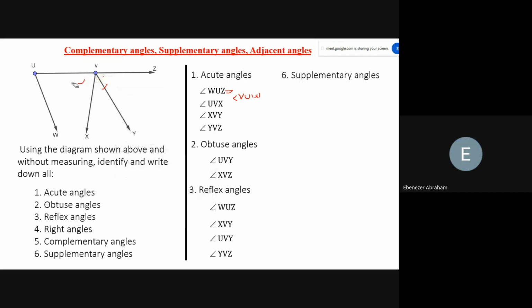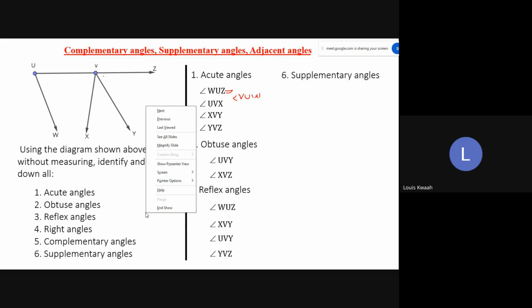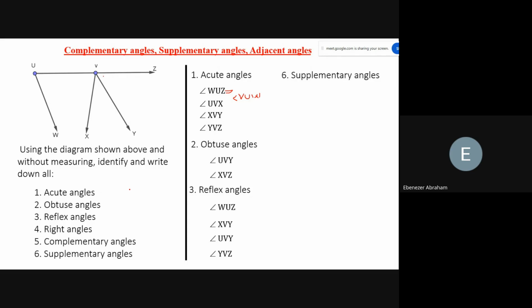So which one is it? We have angle UWY. Okay, UWY. You're confused. UVY, this part.